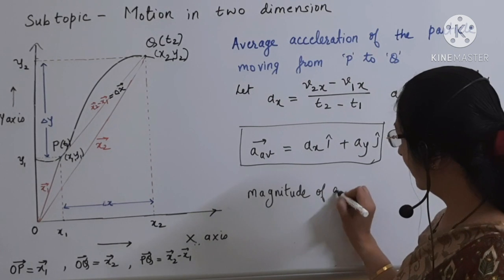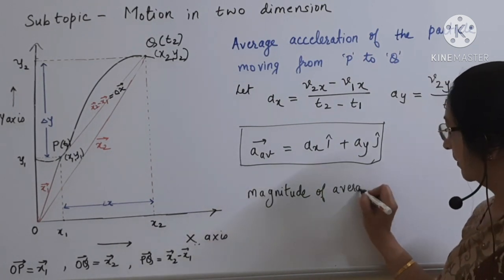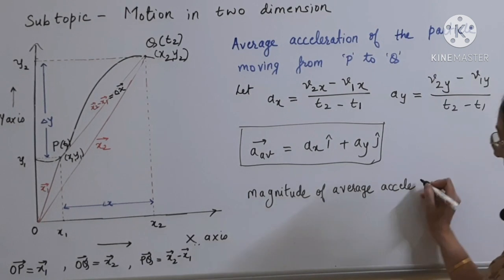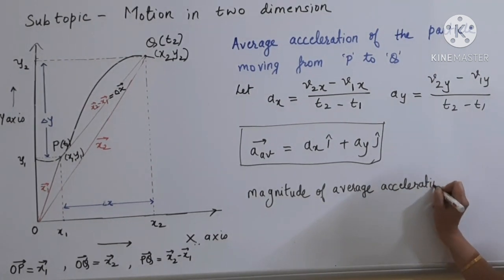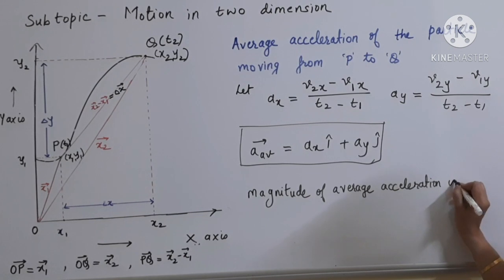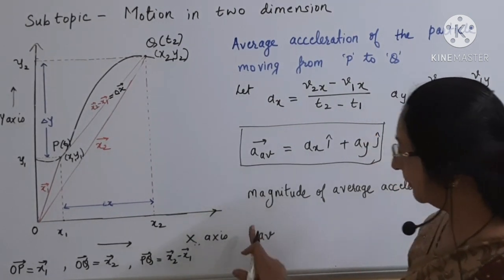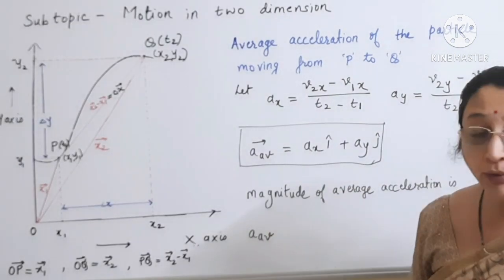Magnitude of average acceleration is a average. इथे मी arrow mark देत नाही कारण मला मॅग्निट्यूड लिहायचं आहे.